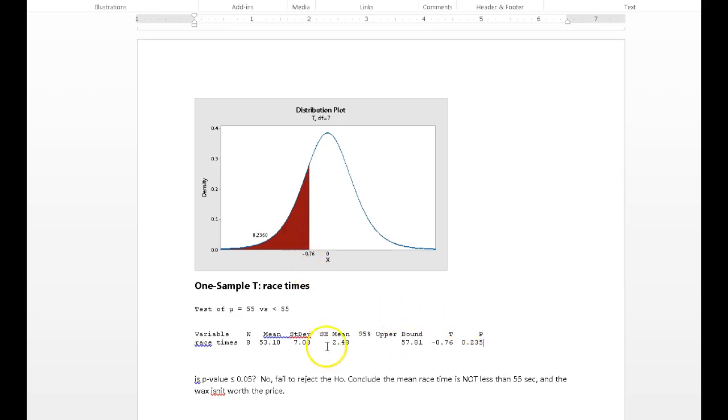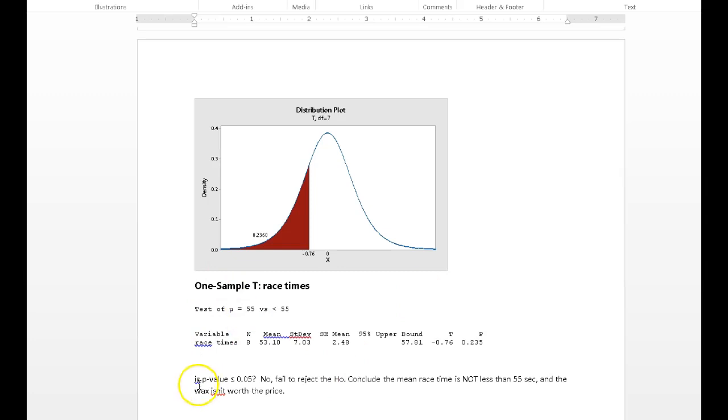Oh, I know what's going on. The test statistic right here is rounded off, whereas right here I typed in 0.76, but 0.76 is a rounded figure. So we're not going to worry about that too much.